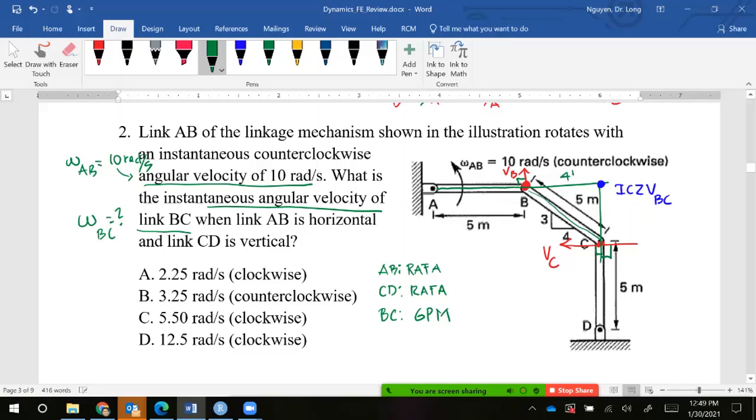Oh, no, the relative equation on top? No, I can't see that equation. Can you scroll up? I can't see the equation either.